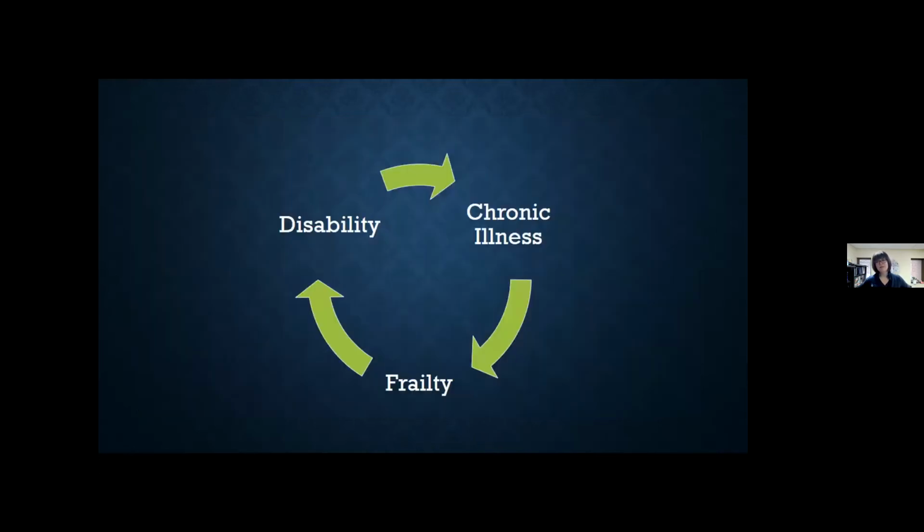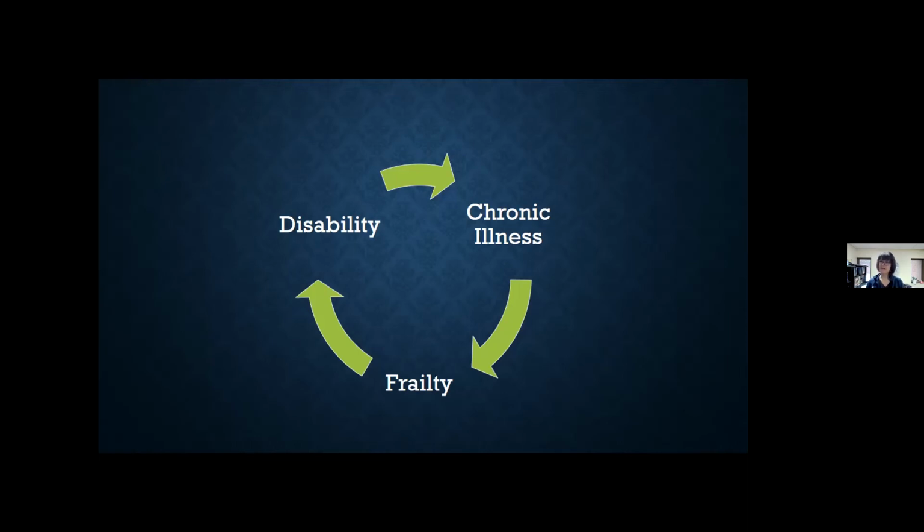And again, while frailty is its own unique geriatric syndrome, you can start this cycle of individuals where maybe the person does have some chronic illnesses, with heart failure, COPD. And so because of the burden of that illness and those normal aging changes, they develop frailty.